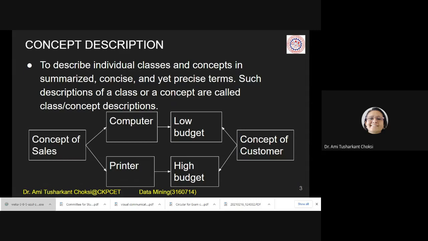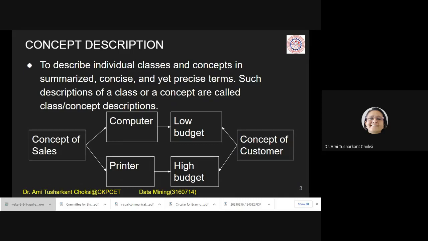He is having just now two components, or you can say two items. They are computer and printer, right? Now the budget, for that we can say that low budget is there and high budget is there, right?